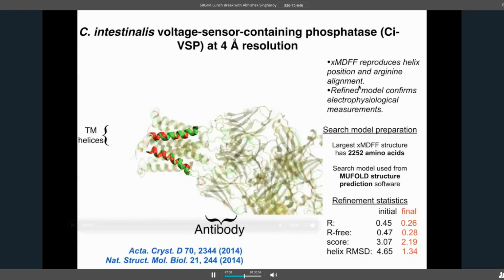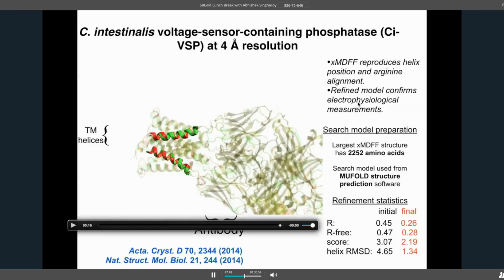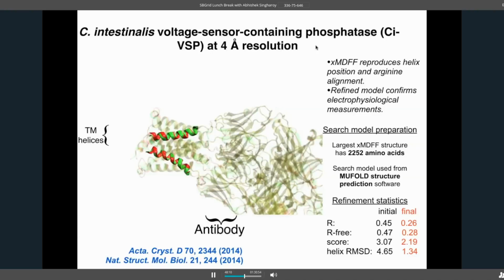So we wanted to understand what was the actual functional state of the protein under the data uncertainty of 4 angstroms, and xMDFF actually managed to resolve and show that this was indeed the ground state of the protein, and not the excited state, or the charged state of the protein, where the helix is one turn up or one turn low. So in other words, it managed to resolve the interhelix contacts even at data uncertainty of 4 angstrom, which was something amazing to see.